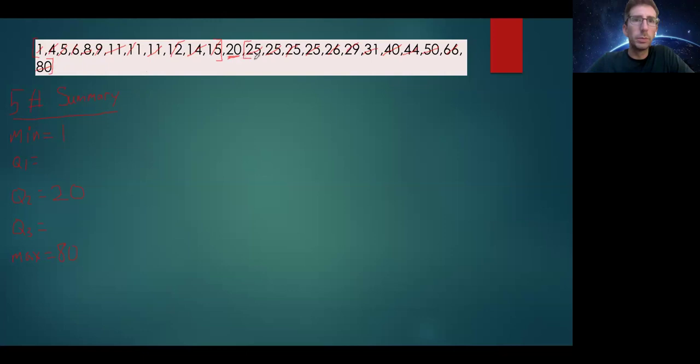Notice if we had two numbers left over and we added them, divided by 2, we would have included those last two numbers in each of these data sets when calculating the Q1 and Q3, because those numbers themselves were not the actual median, right? We're just excluding the median from both of these data sets.